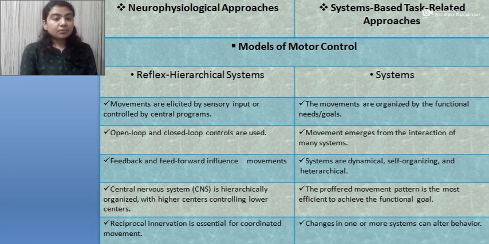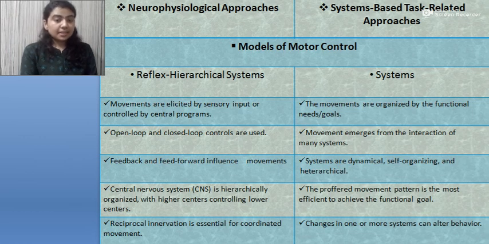Second, they follow the open loop as well as the closed loop motor controls, right? Third point is feedback and feed forward. Both influence the movements in the neurophysiological approaches, right? So the two most important parts of any movement are feedback and feed forward. So this approach is utilizing two main mechanisms of movement.